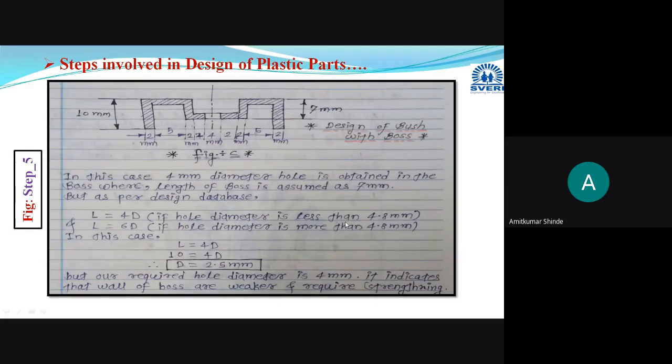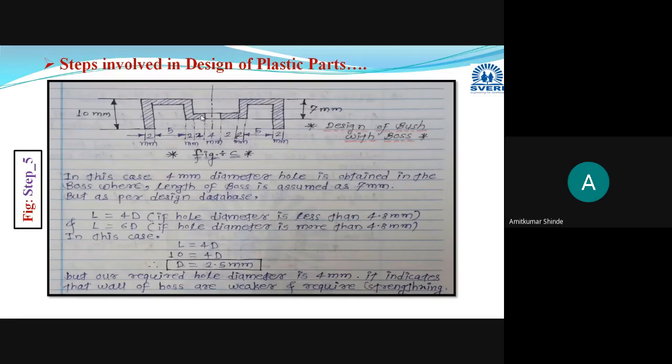The diameter is less than 4.8, so it must satisfy this equation, and then d comes to 2.5. As per the given possible length of the boss, the diameter must be 2.5, but our required diameter is 4. Its capacity is low, hence this 4 millimeter diameter hole is weak in nature.